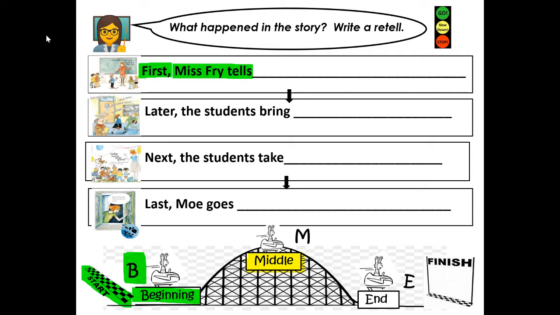Then we go to the middle of the story, and that's yellow. Later, the students bring, and then you're going to finish that. Then next, the students take, and then finally the end, or red, and the finish: last, Mo goes, and then you're going to finish that sentence.